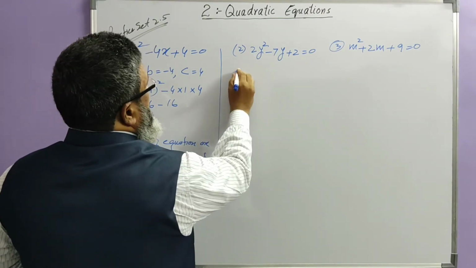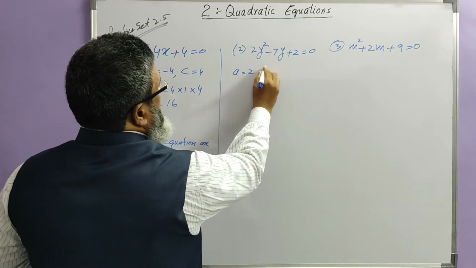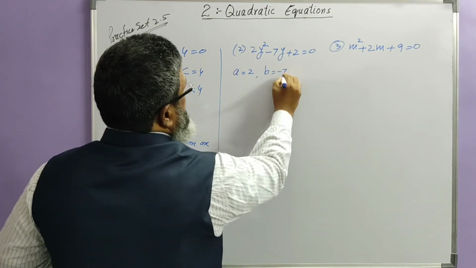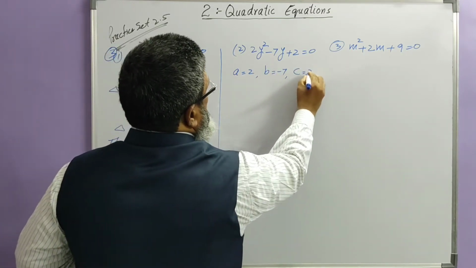Now, see in the second question, by comparing, a is equal to 2, b is equal to minus 7 and c is equal to 2.